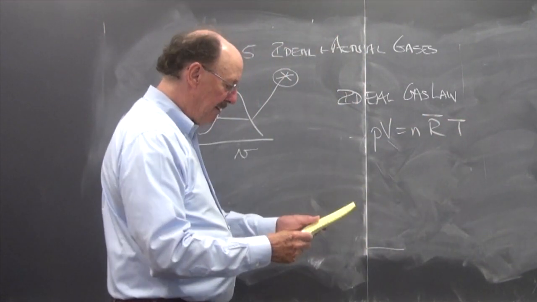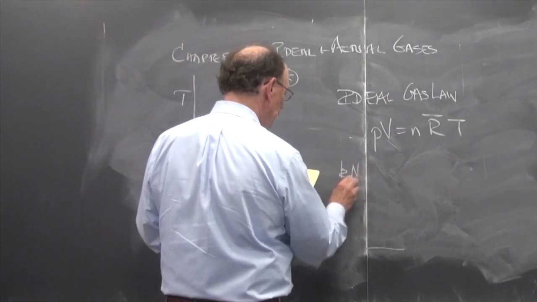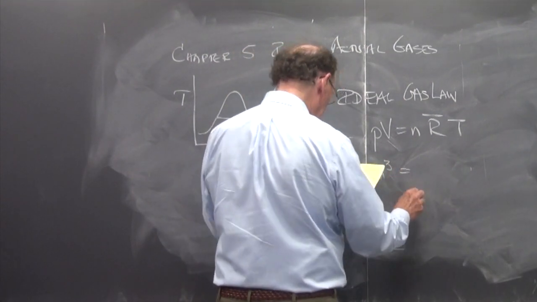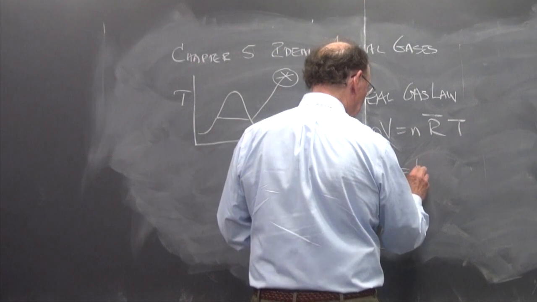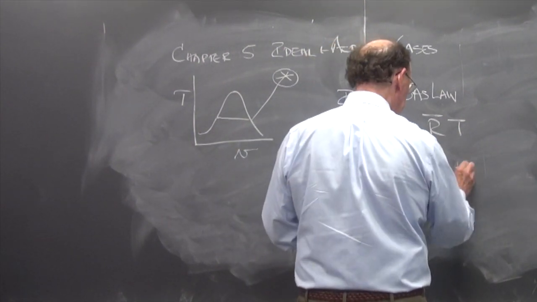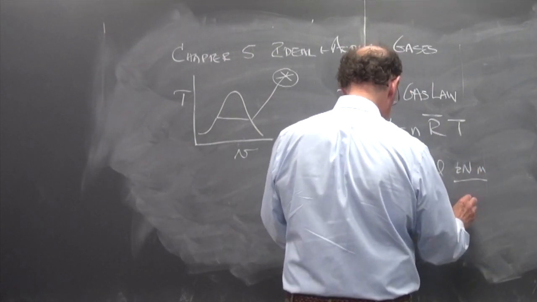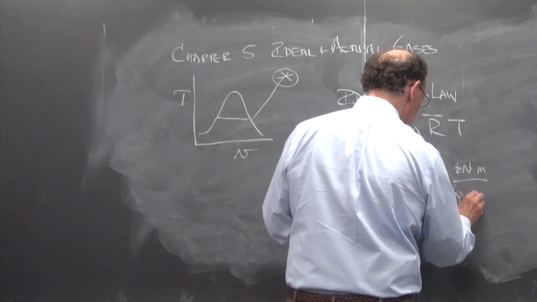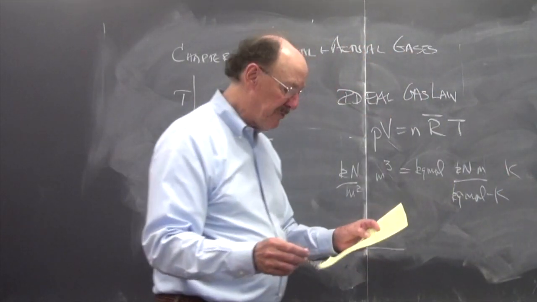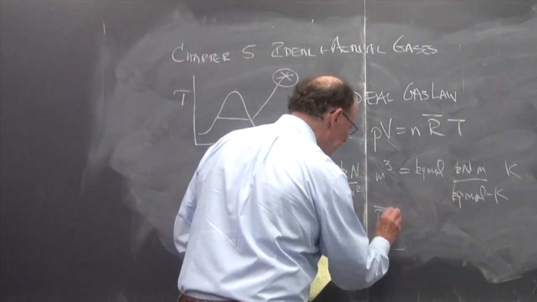And what we have is that we have kilonewtons per square meter times cubic meters, so that's the volume. Over here we have kilogram moles. We're going to have kilonewton meters or joules, kilonewton meters per kilogram mole, degree K, and temperature in degrees K. So both sides of the equation balance, and R bar is a universal gas constant.